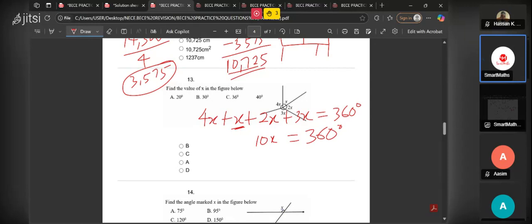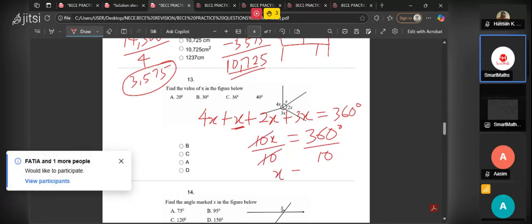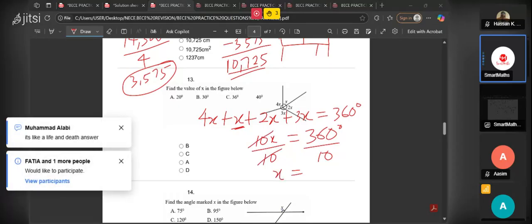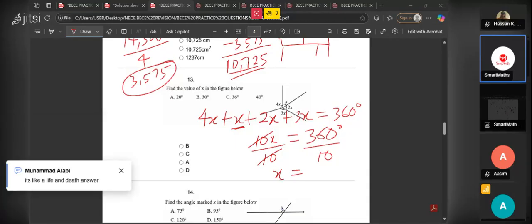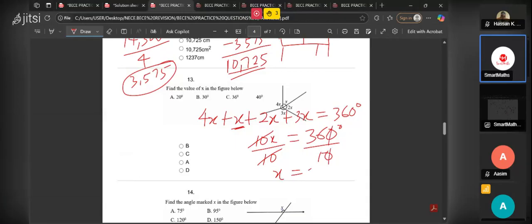The next step is to divide both sides by 10. So this cancels this, and x will then be equal to 36, since 0 cancels 0. That's option C.